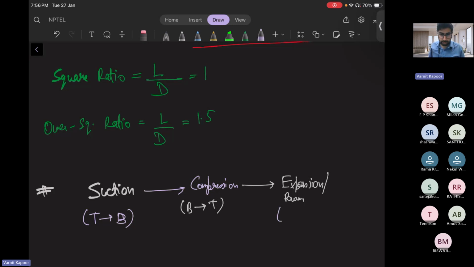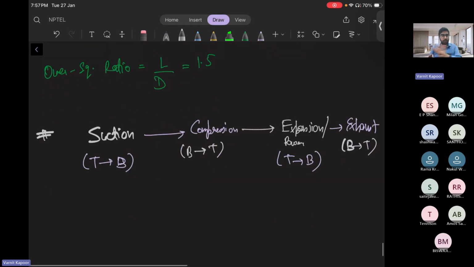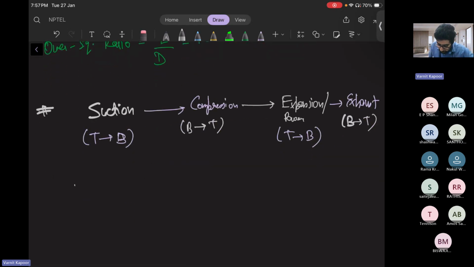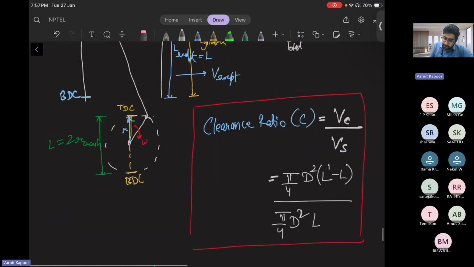Does it move top to bottom during the expansion or power stroke? Correct, top to bottom, and energy is stored in the flywheel. And the final one is the exhaust stroke, where it moves from bottom to top. These are your 4 strokes. When the 4 strokes happen, 2 revolutions happen: one from top to bottom, first stroke, bottom to top, second stroke, so 1 revolution is completed.